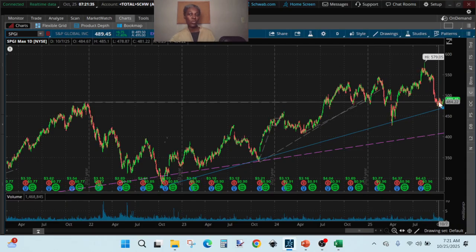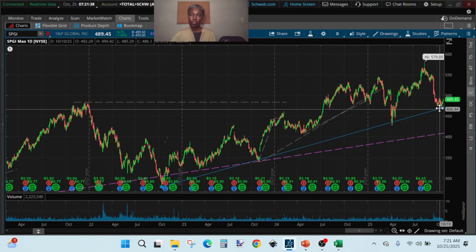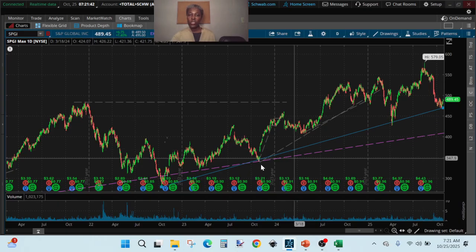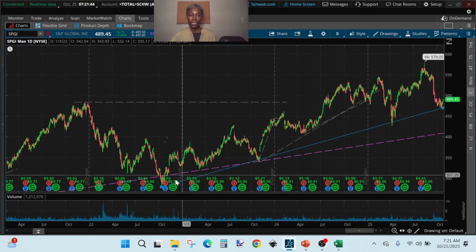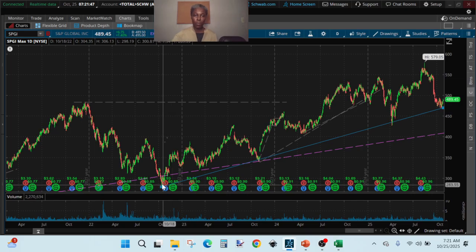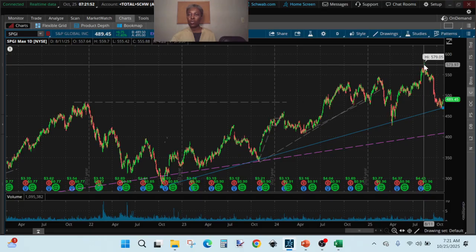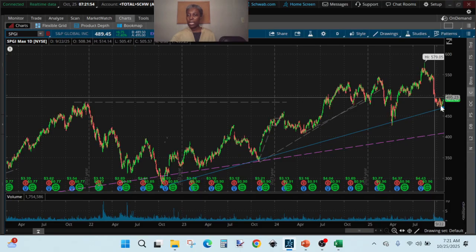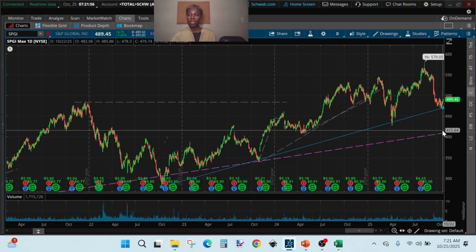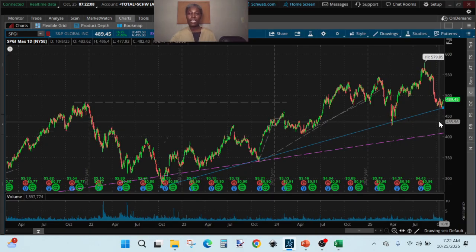So it could well just pull back to this support line to rest a little bit and go up from there, or it might just be done with this cycle, which began from here in 2022 all the way to that peak, and it might just be done with it and it's on its way down to the valley. We don't know. We are just going to keep observing it, and when it reaches this support line and starts going up from there, we start seeing higher lows.